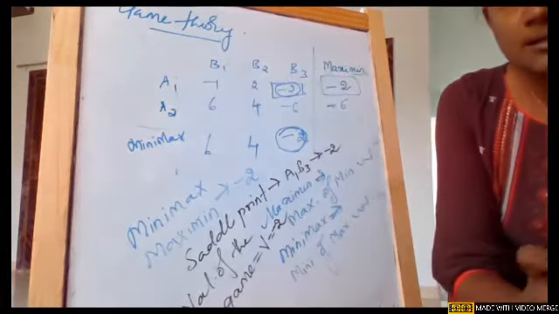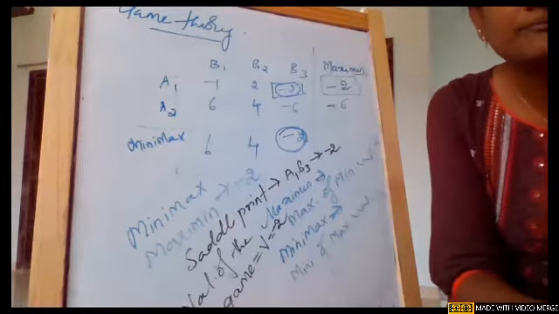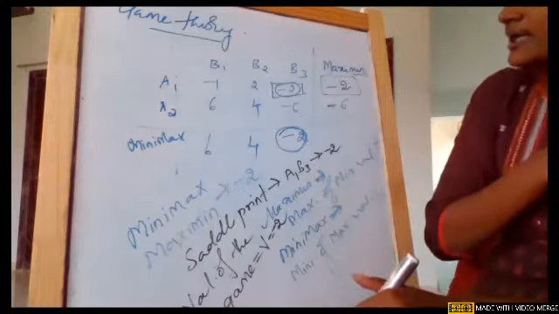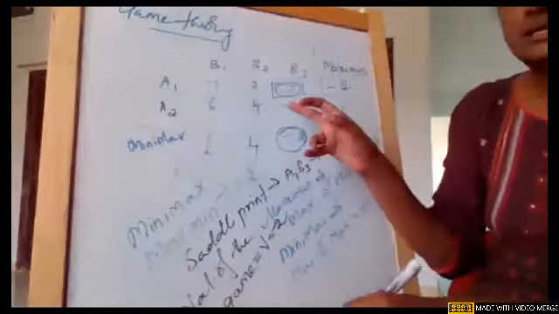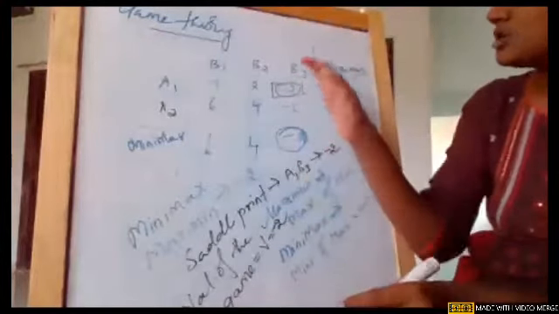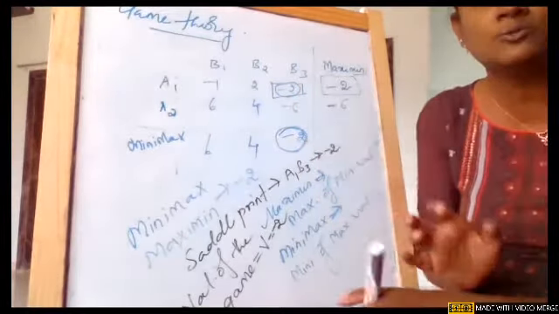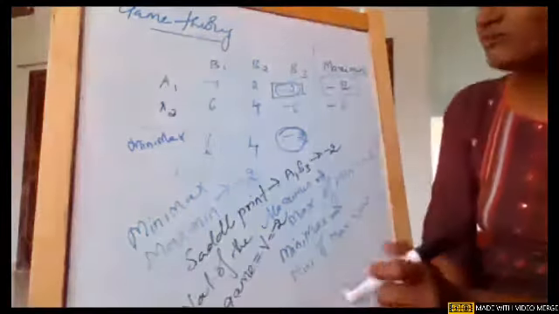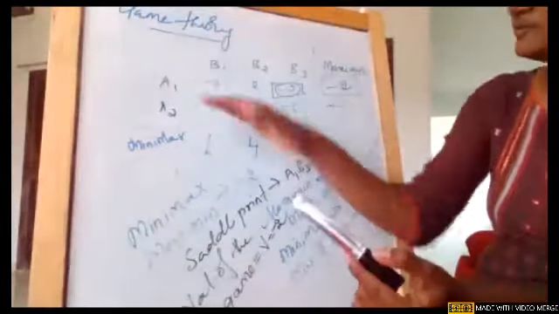Understood, girls? If you are getting the saddle point here itself, your game is solved. We are solving the game such that there is a saddle point, where for A, the strategy with -2 points, even if he's losing, it is not a problem. It is optimal for that particular game. As well as for B3, if he's winning by 2 points, it is like a stable point, where there is no further winning or losing, and this gives the value of the game.